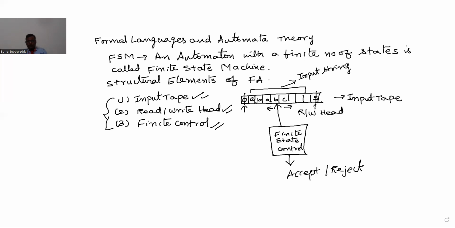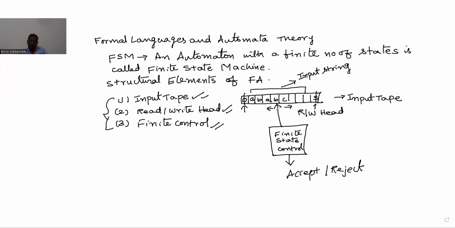Each square represents a single symbol. We use left and right end markers also. Without end markers, the string is said to be of infinite length. With end markers, the string is called a finite length string. So this is the input string.